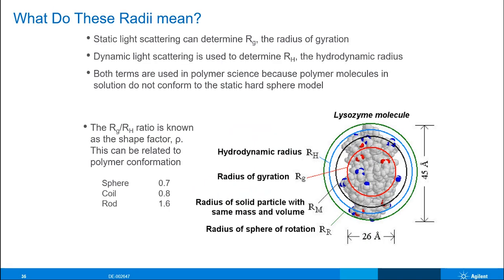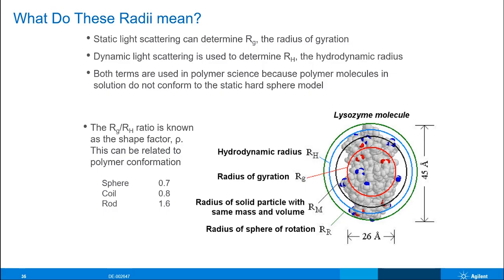This is because in real life, these molecules don't conform to a static hard sphere model. But this allows us to take a ratio of the radius of gyration over the radius of hydration, and get what we call the shape factor. This shape factor can indicate what that material is behaving like in solution.